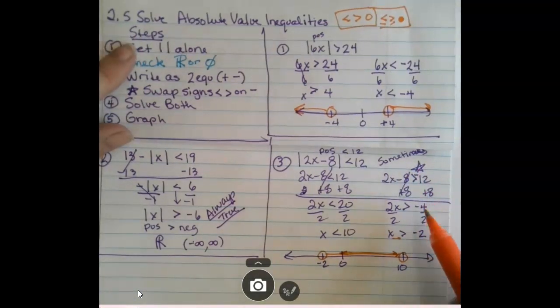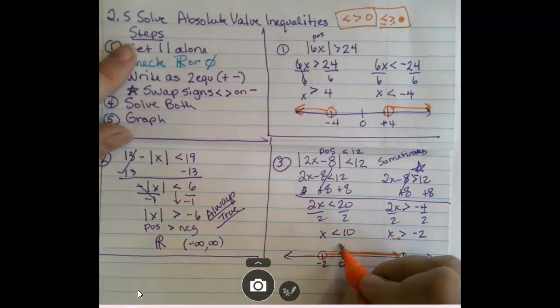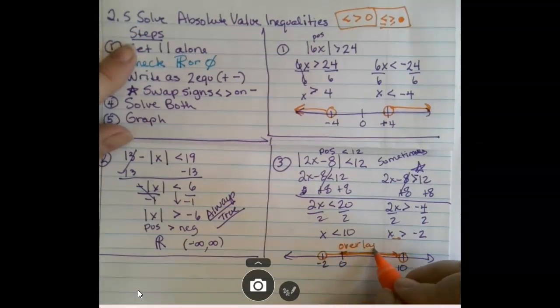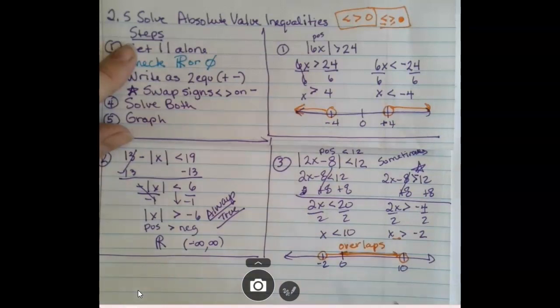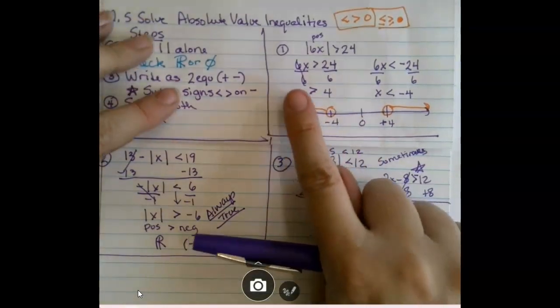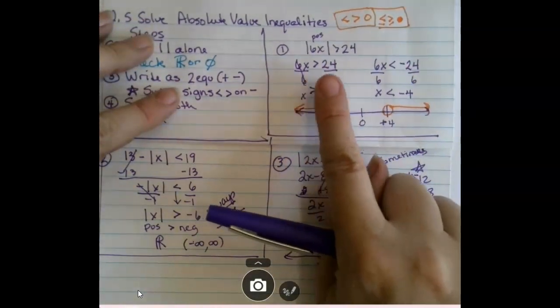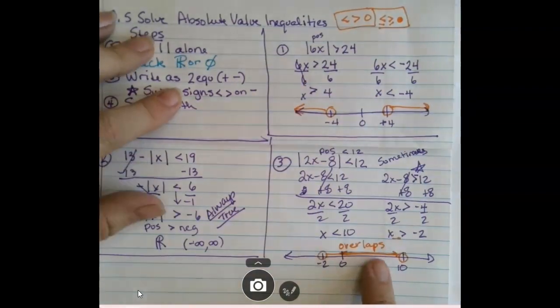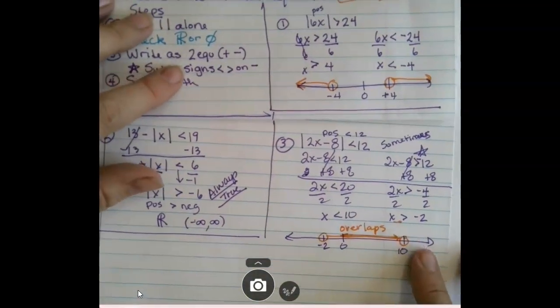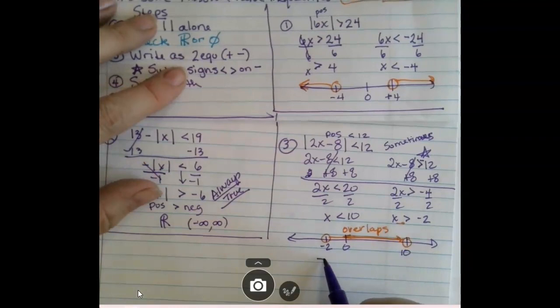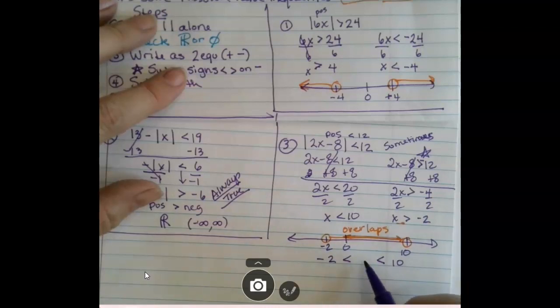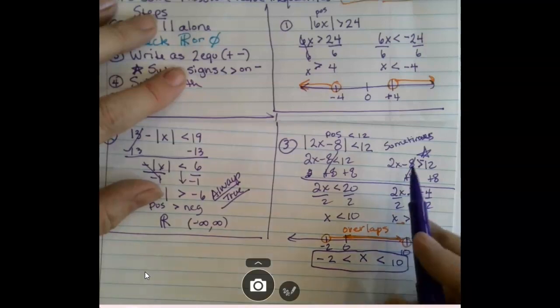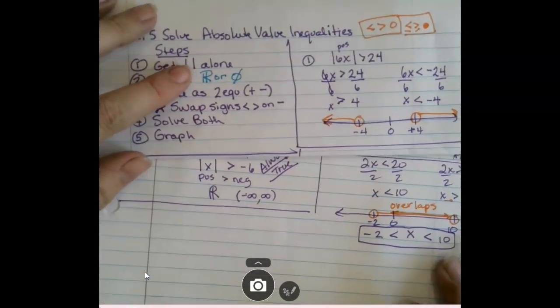It's only sometimes true, here where it overlaps. So I need to rewrite this one. Up here, it had 2 parts, so I could leave it as 2 answers. Here, there's just 1 part, so I need to rewrite it as 1 part. I just copy these numbers down, put in my little arrows always pointing toward the little one, and put the x in the middle. I don't need to add the equals parts here because my original problem didn't have it.